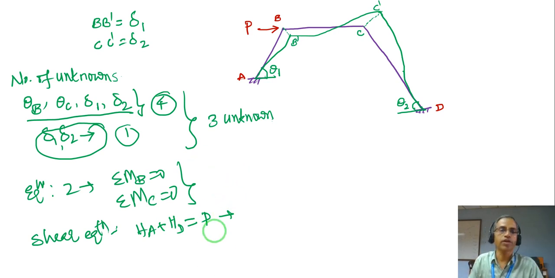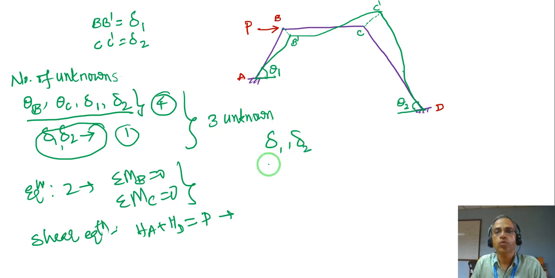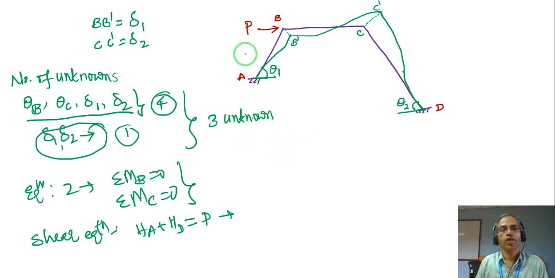So let us look at how to get the relation here. The criticality is finding the relation between delta 1 and delta 2. This is very important. So let us work on that. Let us see how to get this relation.